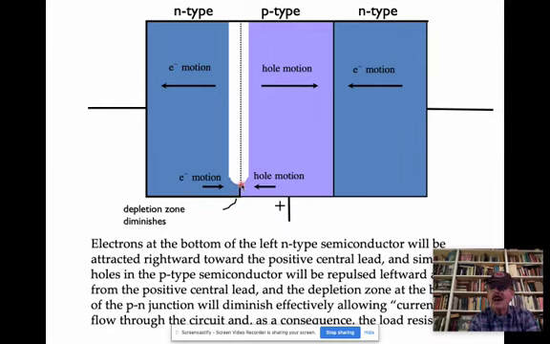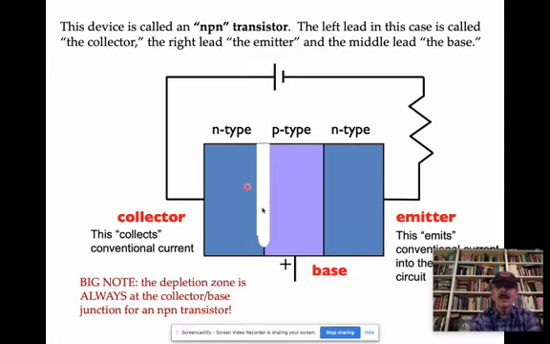And the reason why that's kind of cool and useful is that if we go back to our original circuit, this battery is trying to push current through the circuit like so, assuming you're dealing with conventional current. And so with the depletion zone in full flight, so to speak, you aren't going to get any current at all.